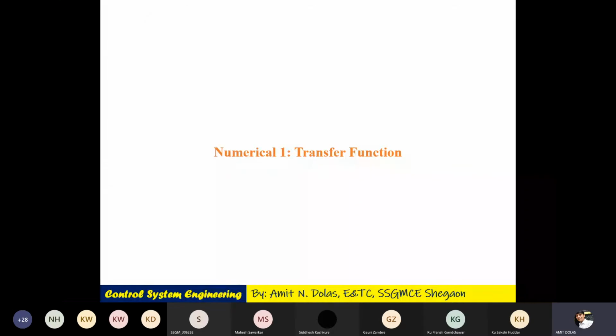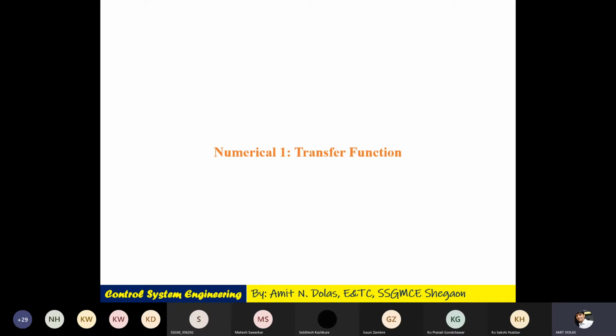Numerical one that we have already seen in yesterday's lecture. So we have seen this numerical in yesterday's lecture.